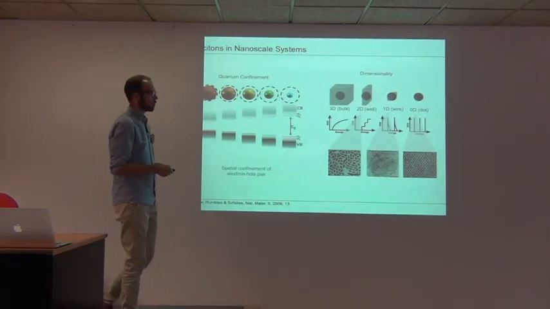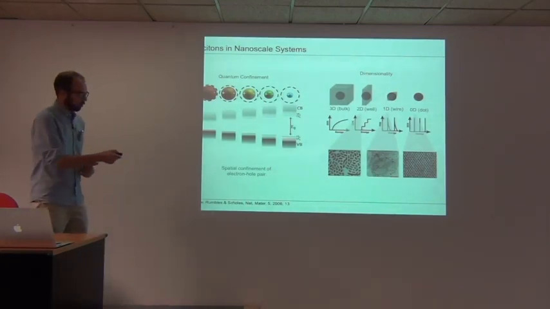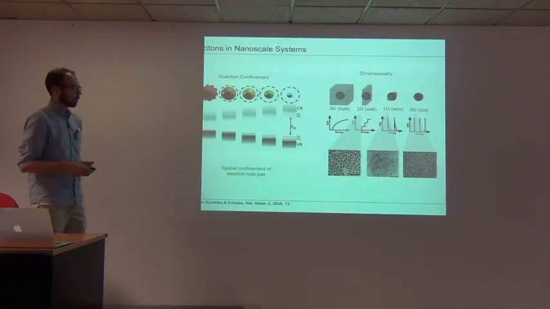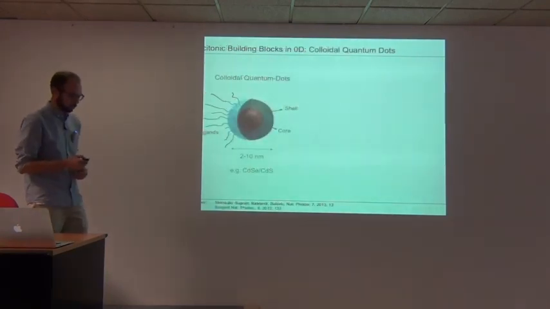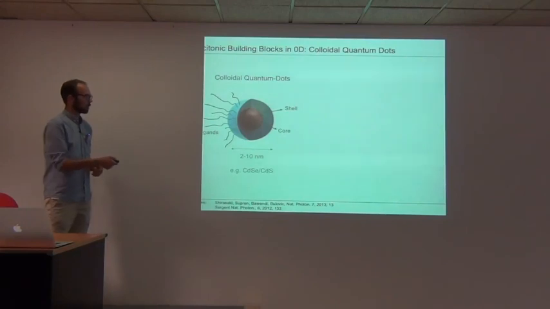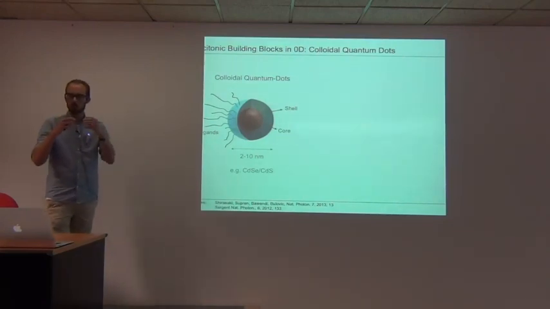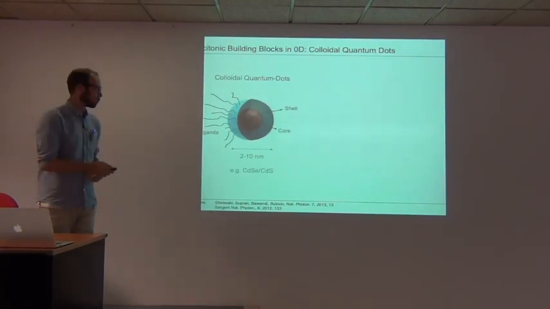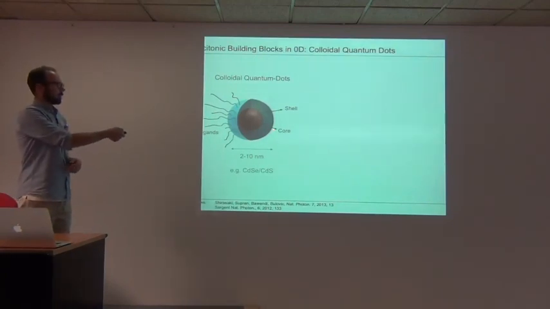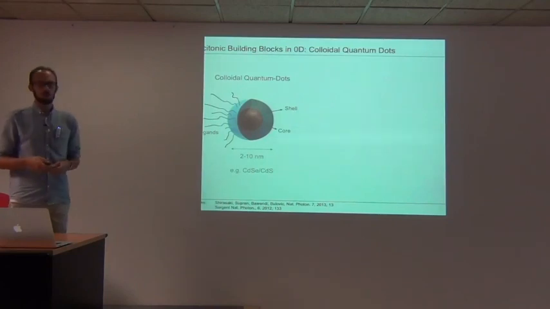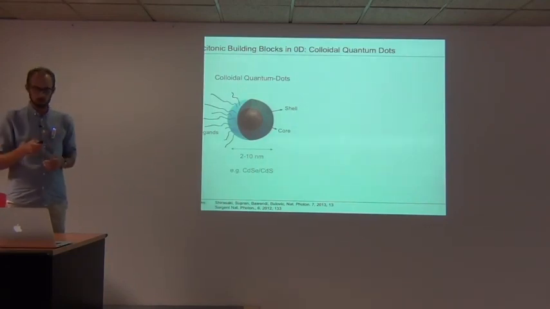So when we zoom in on one of these quantum dots, when we synthesize them in solution, this is kind of what they schematically look like. We have this core, which is our size-tunable nanoparticle. This gives us access to the different colors of the material. And they are typically epitaxially coated with a shell of a material with a slightly larger band gap.